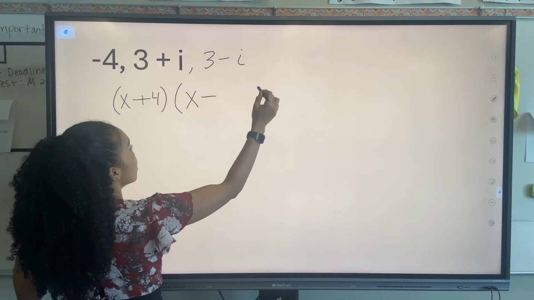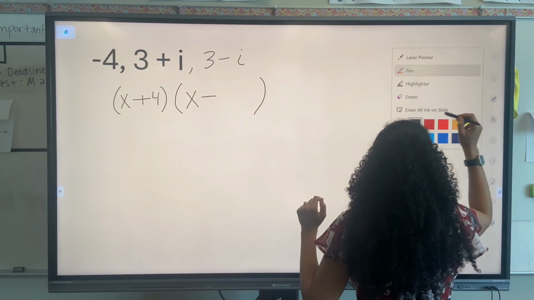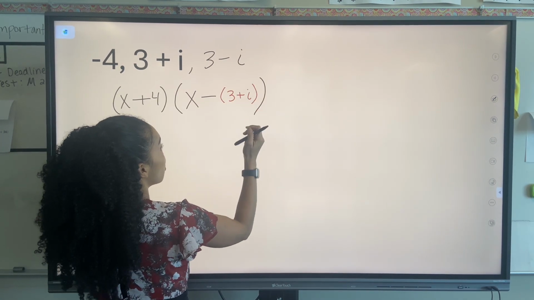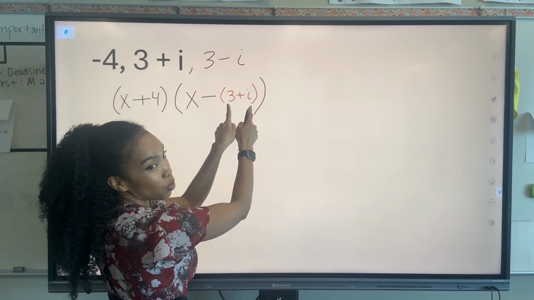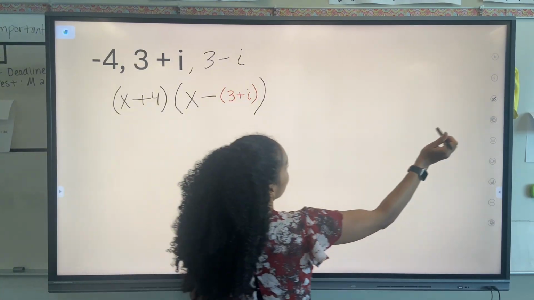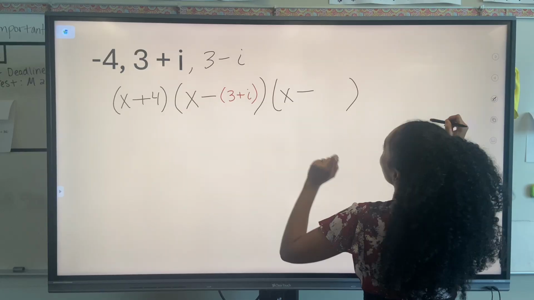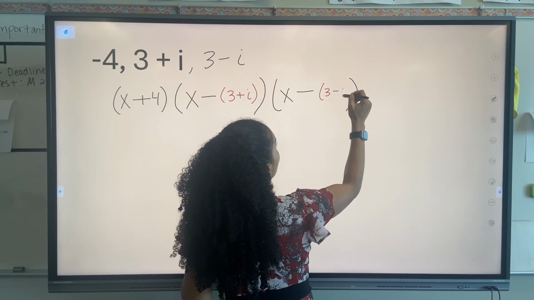This one, write it exactly how I am. X minus, we're going to put our answer in right here. Put parentheses, 3 plus i. These extra set of parentheses are important. Now we're going to do x minus, and we're going to put that answer in here, 3 minus i.